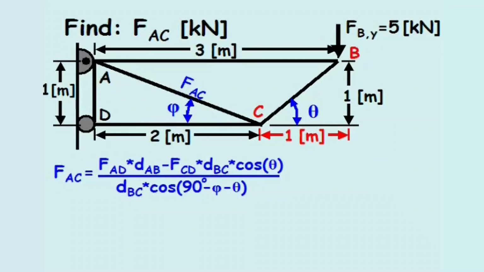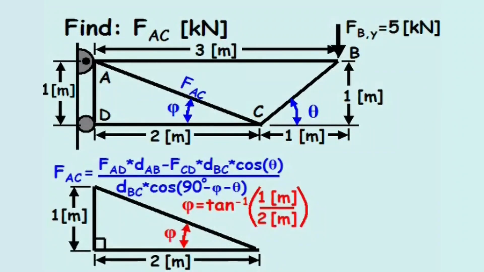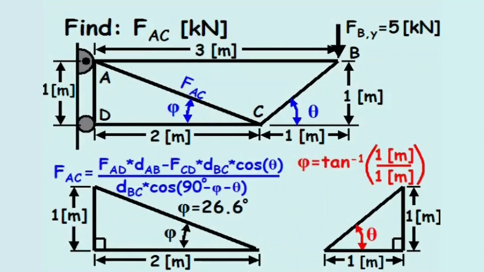So angle phi equals the arctangent of 1 meter divided by 2 meters, or 26.6 degrees. Similarly, angle theta can be calculated as the arctangent of 1 meter divided by 1 meter, or 45.0 degrees.